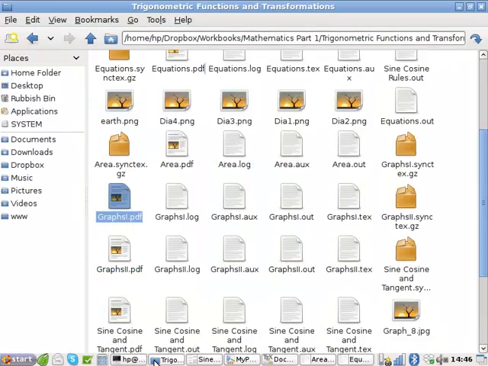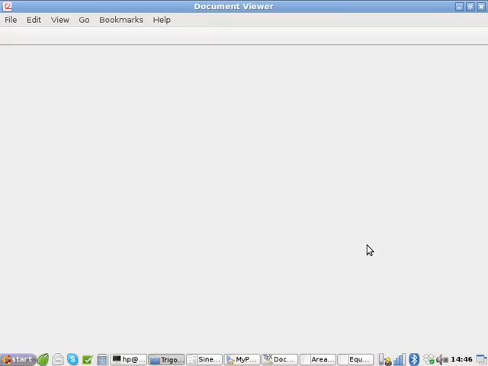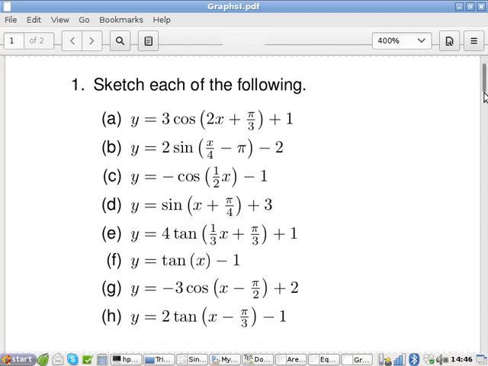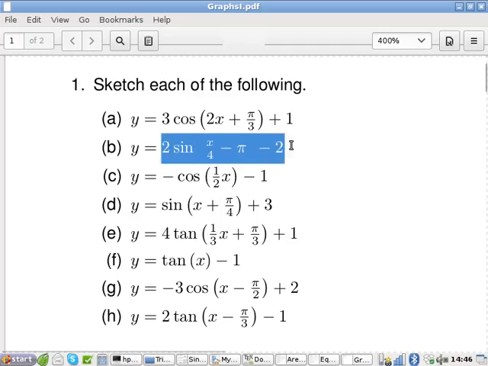Is that the tangent you do? I've never seen tangent in the exam. I said to do a sine, a cos, and a tan example. How about I just do this sine one here, maybe?